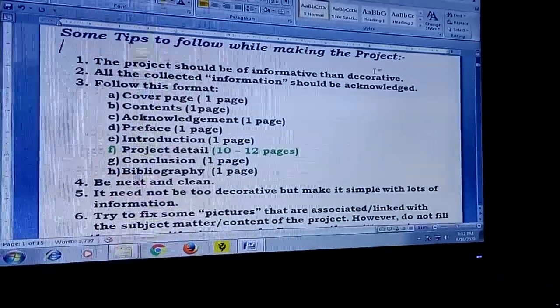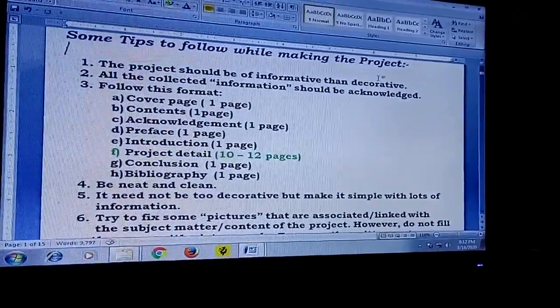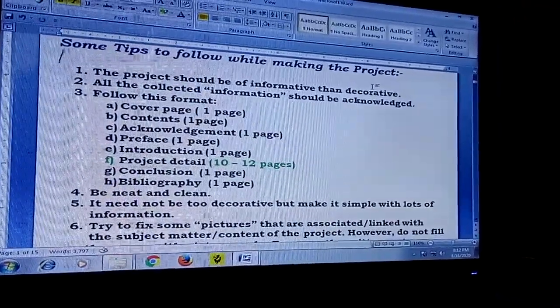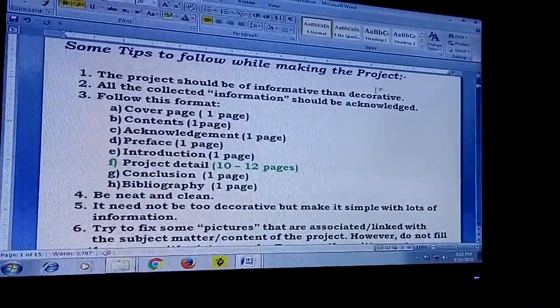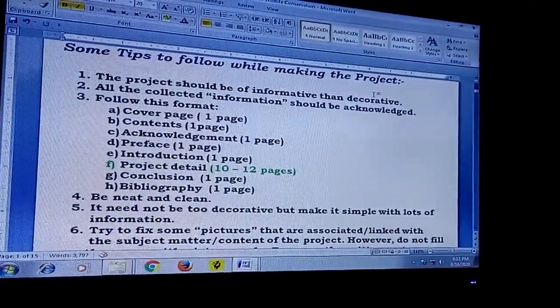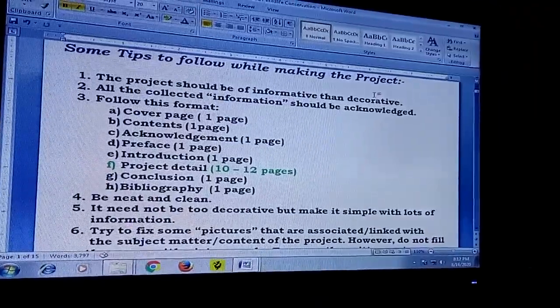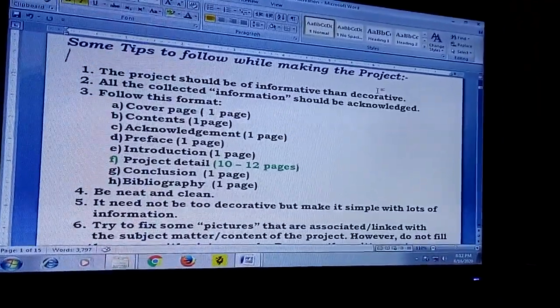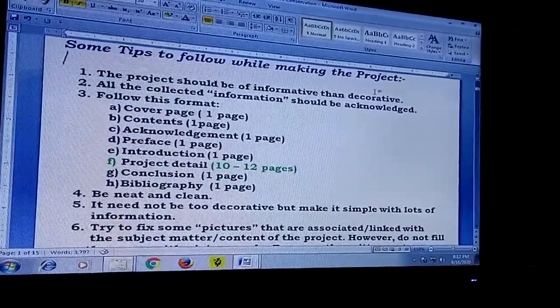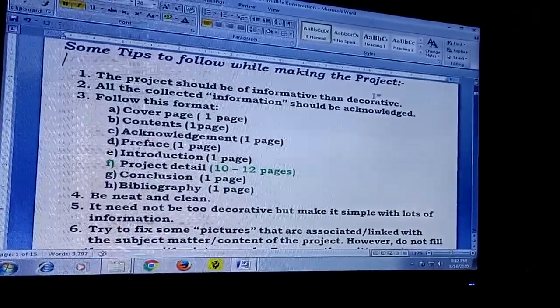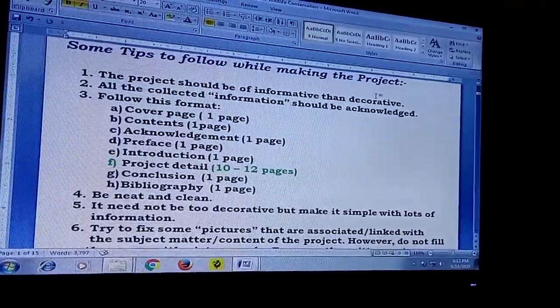Ever since we gave the topics for the geography project, I have been getting many queries asking whether they can use glitter, whether they can go for printouts, how many pages, or what they should write in the bibliography, etc. So I'm going to explain to you step by step.